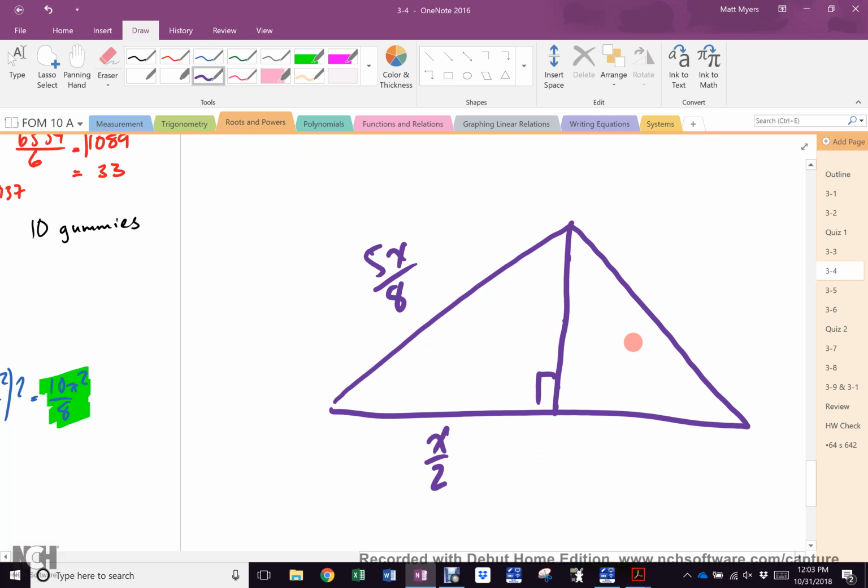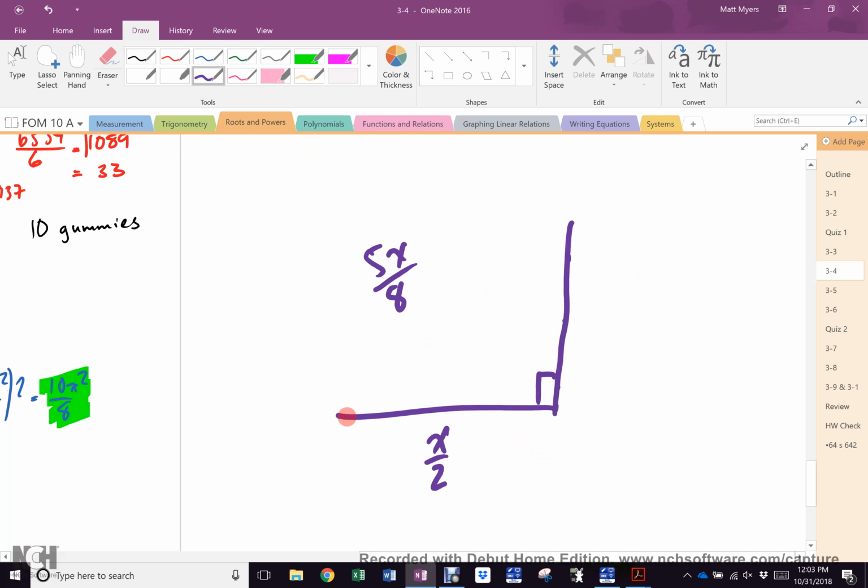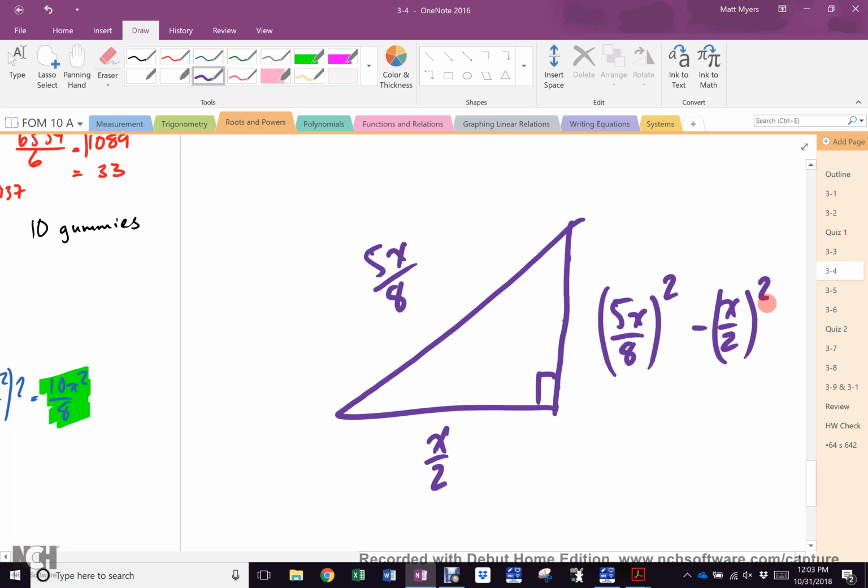Now, do I have a mathematical tool that will find me this side? Pythagoras, right? Adding or subtracting? Subtracting. If I square that, 5x over 8 squared, and I subtract x over 2 squared, and I take the square root, will I have this side? I will, won't I? Yeah, but let's work it through, right, Haram?